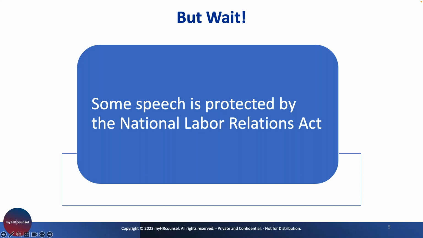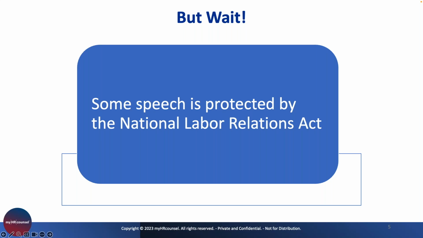Using the company logo on social media, you are required to allow employees to identify themselves as an employee of the company if they are doing this to raise awareness about working conditions. You should have a policy that requires employees to post that the opinions expressed are the employee's own and do not reflect the company's position.